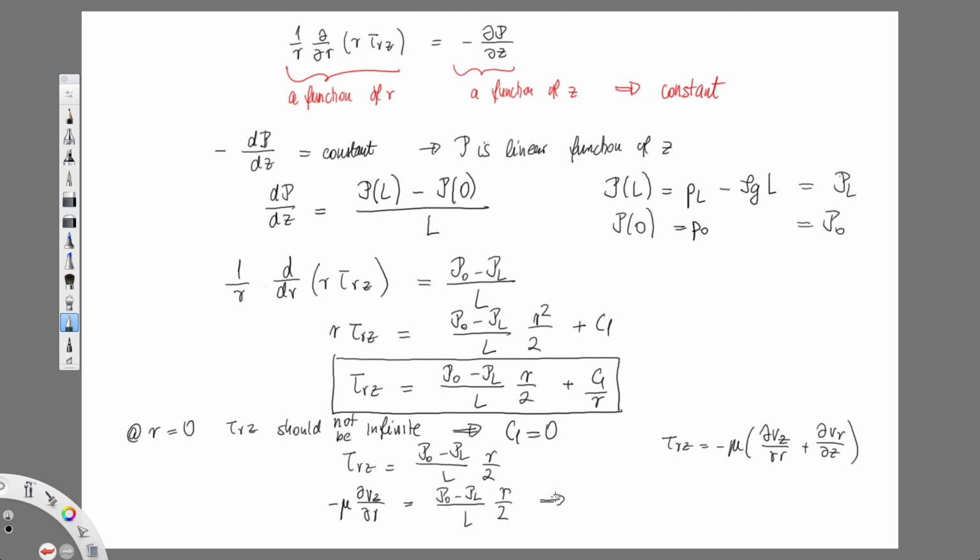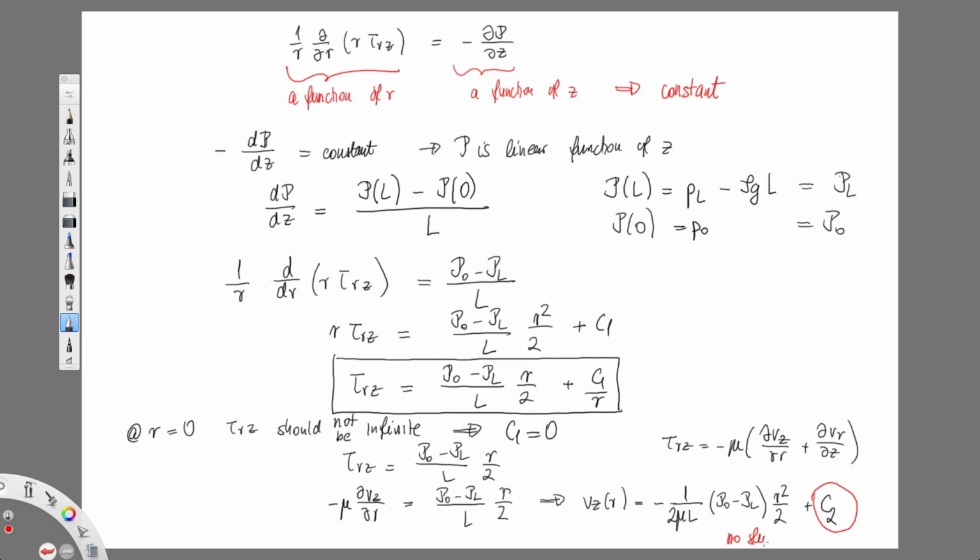So when I integrate this, my VZ of R is 1 over mu L, and I have 2 mu L, and then P0 minus PL. And I integrate R, so it's R squared over 2, plus some constant C2. And I need a boundary condition. What is that going to be?